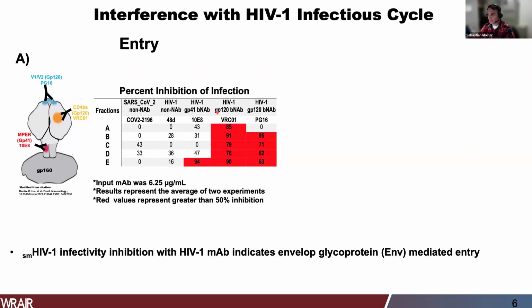We observed that the 4E10 MPER-specific antibody failed to block by greater than 50% the infectivity of the virus in fractions A through D, but successfully inhibited the infectivity of the virus in fraction E, the small virus. VRC01, targeting the CD4 binding site on gp120, blocked the infectivity across all the fractions, and PG16, the trimer antibody, failed to block the infectivity of the virus in fraction A.